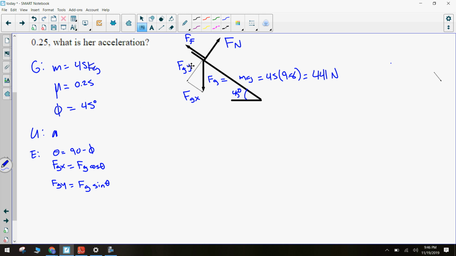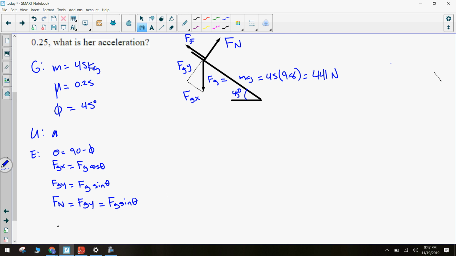These are really just definitions right here, but FGY and FN will cancel each other out, because otherwise we'd be falling through the ramp or we'd be jumping out of the ramp. So that's just saying that Fn is equal to FGY, which is really saying that Fn is the same thing as Fg sine theta.